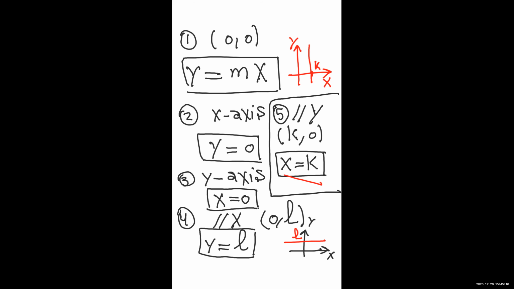Okay, great. So let's solve some examples related to these rules. The first example: find the equation of the straight line which passes through the 2 points, 1 and -1, and 2 and 2. So first, the equation, of course, will be y equals mx plus c.